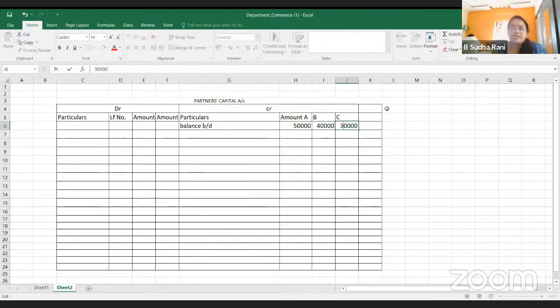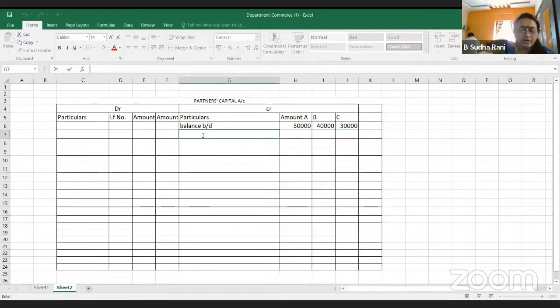Balance brought down. Now I'll tell you an easier way to remember the partners' capital account credit side: whatever the transactions that increase the balance of partners' capital, all that will be taken. Okay. So after balance brought down, interest on capital.